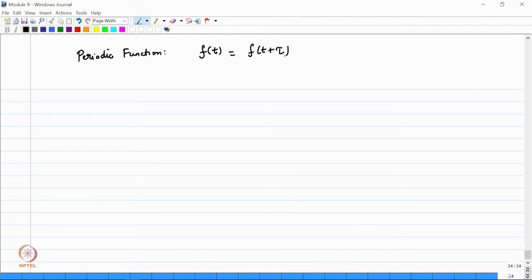Then what you can do is you can show that f tilde of s can be written as, instead of doing an integral from 0 to infinity, an integral over only one period, 0 to tau, e to the minus st f of t dt, and then you have a factor of 1 minus e raised to minus s tau. This can be shown by geometric series.